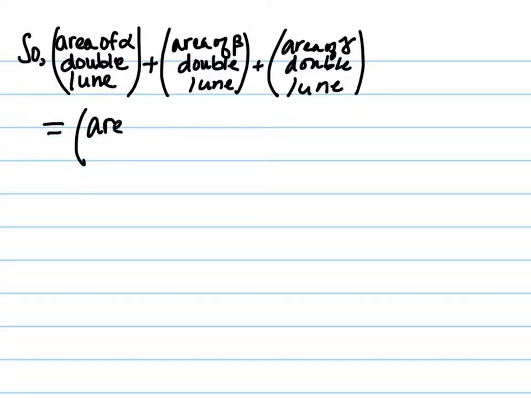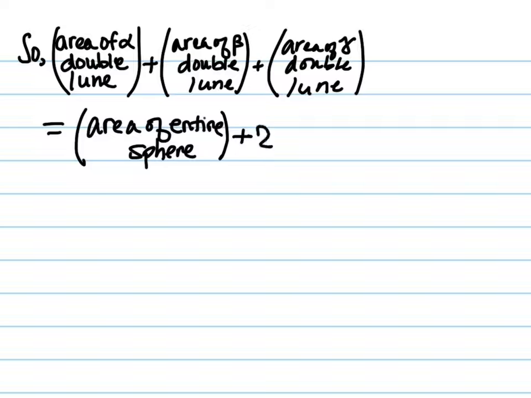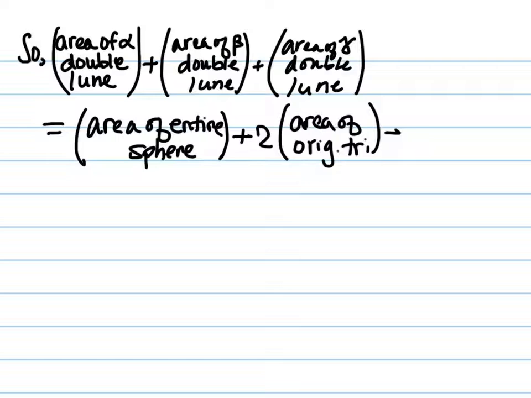That's what we've just said. Plus twice the area of the original triangle, plus twice the area of the antipodal triangle.